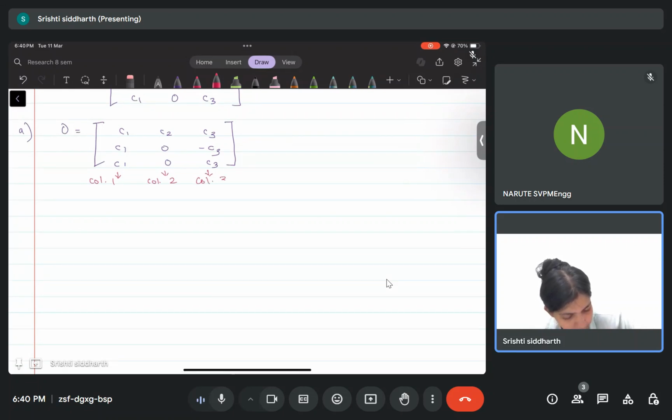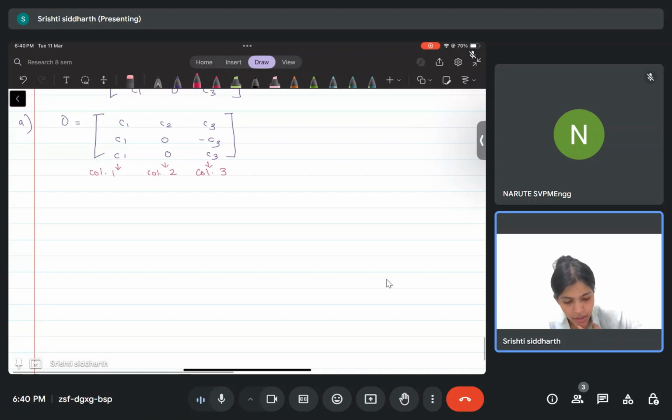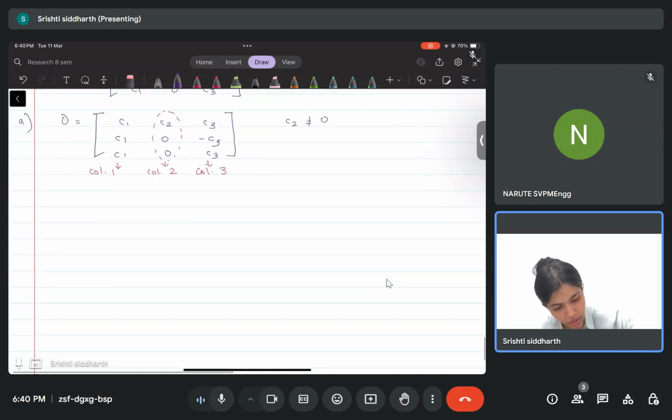The first thing to observe is that C2 should be non-zero, because if C2 was 0, then this whole column would become 0 and there would only be two linearly independent columns. Sorry, we are talking about unobservability, so C2 should be 0 so that at least one column gets eliminated.